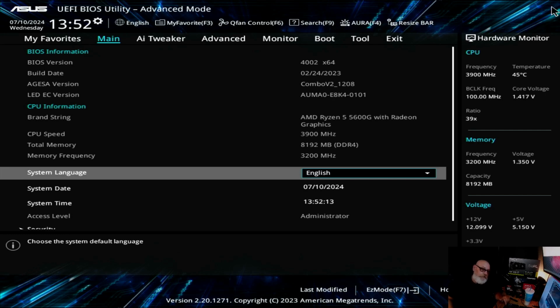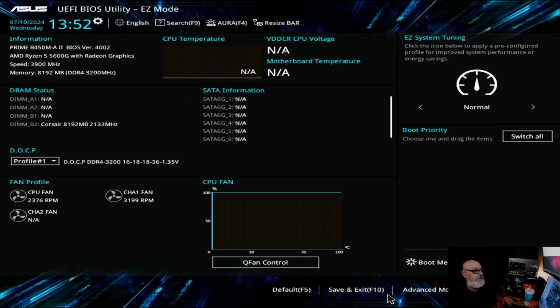I'm showing you the BIOS of a different computer, but it's got the same RAM. Well, not the same RAM. This RAM here. If we go back to the easy mode, this tells me I got one DIMM stick in, which I do.